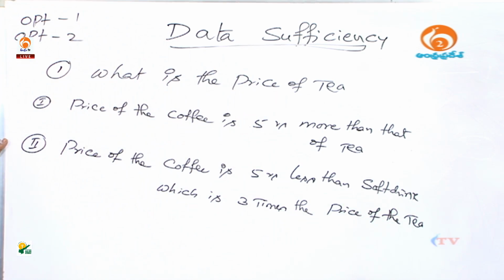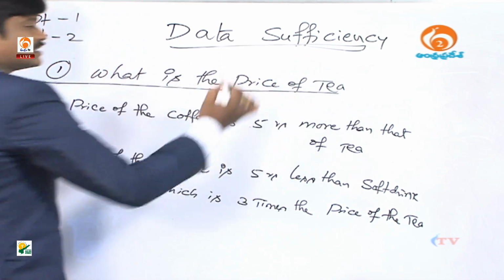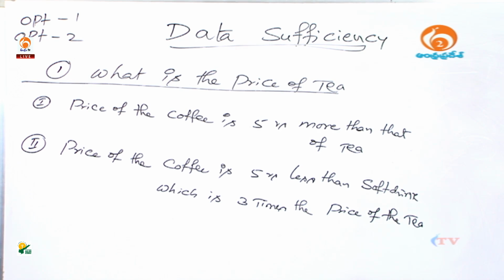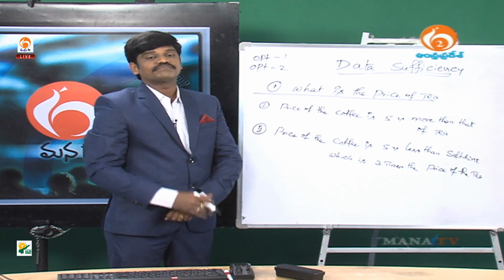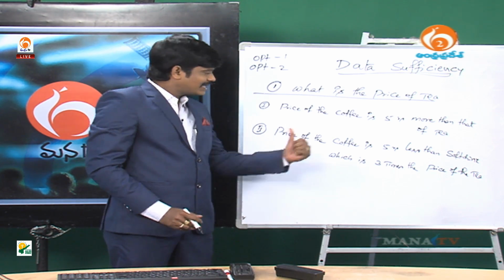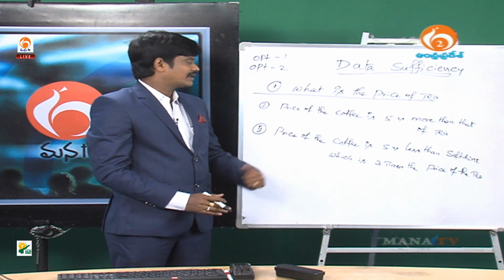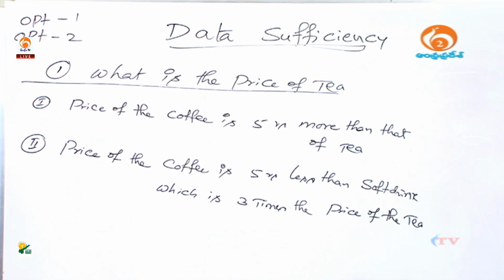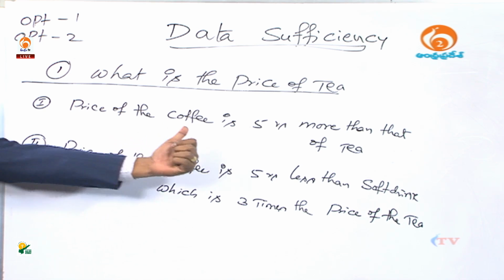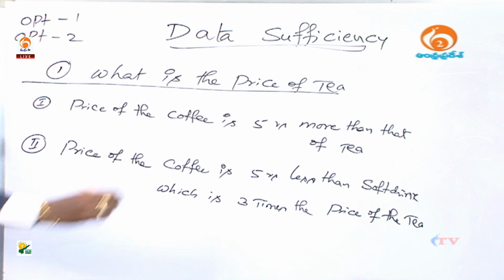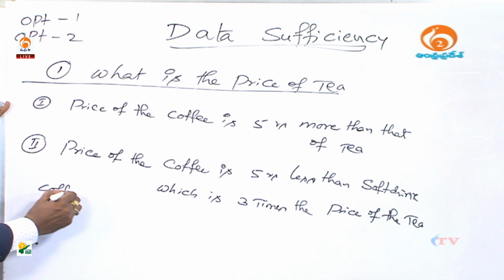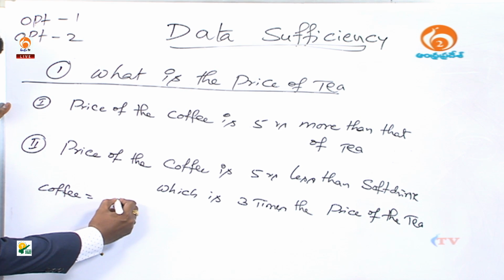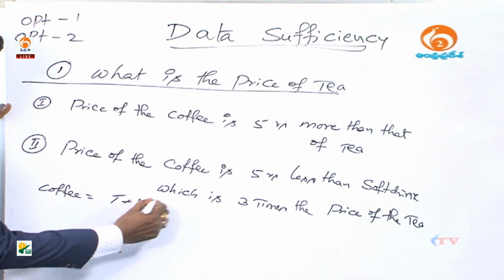So they are asking what is the price of the tea. Normally tea may be 10 rupees, 5 rupees, 20 rupees or 50 rupees, depending upon the city or location. But here you conclude using the given conditions. From the first conclusion, coffee is 5 rupees more than tea, that means t plus 5.